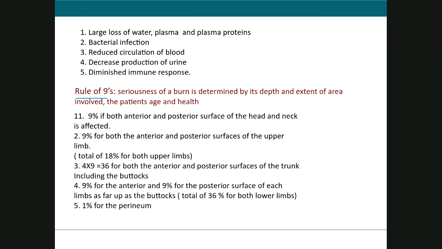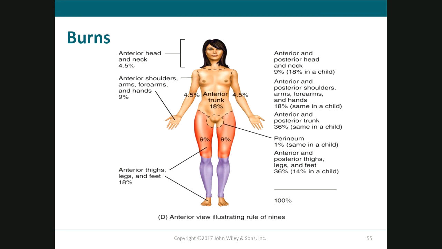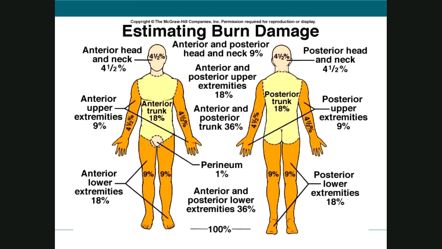When we're talking about the rule of nines, we divide the body up into regions of what we call nines. Let me show you an image of this. We consider the head. The anterior head is 4.5, the posterior is 4.5, the whole head is 9.